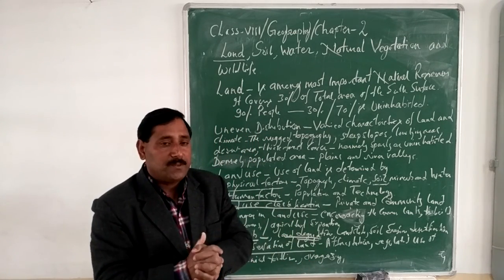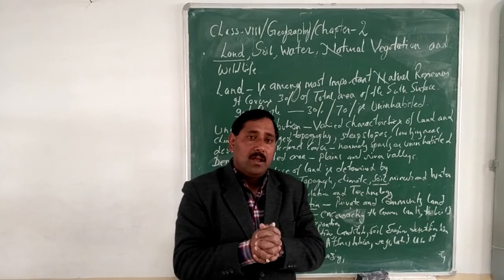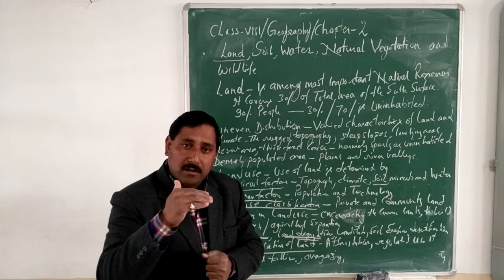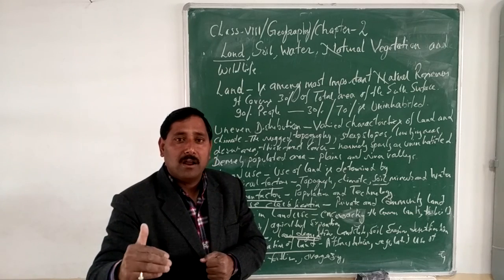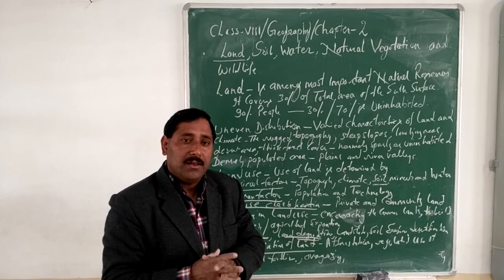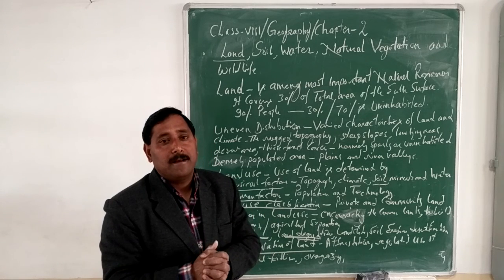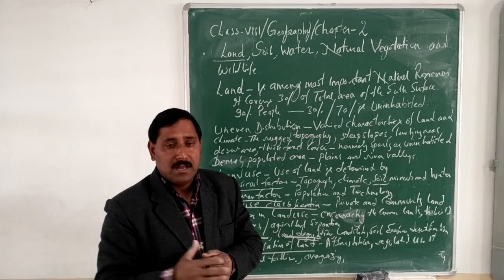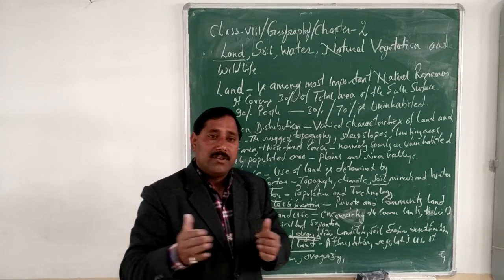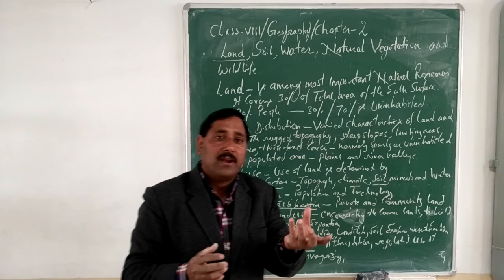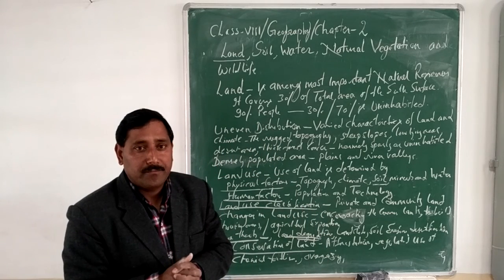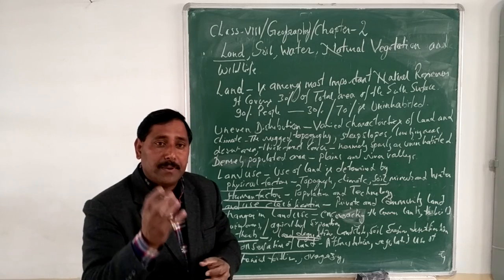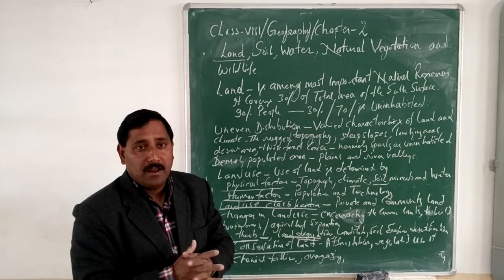Every year, you have seen that in the river valley areas, especially in Uttar Pradesh, in Bihar, all these plain areas, river Ganga, river Kosi, they bring floods, and these floods take away the important piece of land. That is soil erosion.